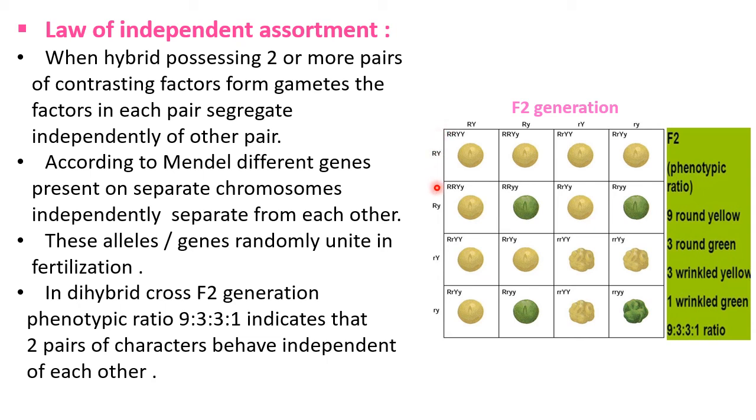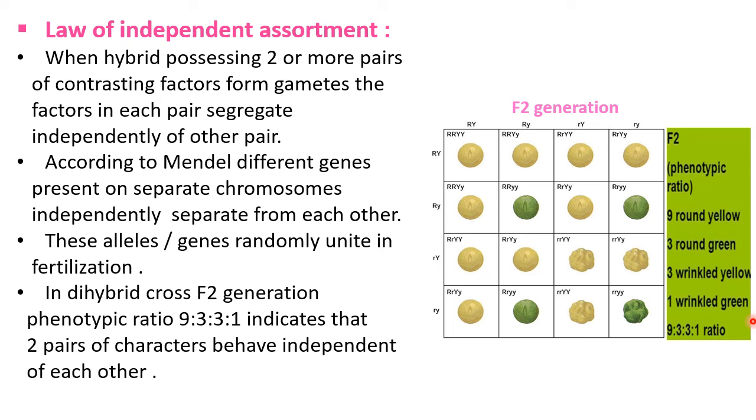We can see here in this checkerboard or Punnett square, a total of 16 different combinations were produced, and the phenotypic ratio obtained was 9 round yellow seeded plants, then 3 round green, then 3 wrinkled yellow, and in the ratio of 1, wrinkled green seeded plants were produced. So the ratio was 9:3:3:1.